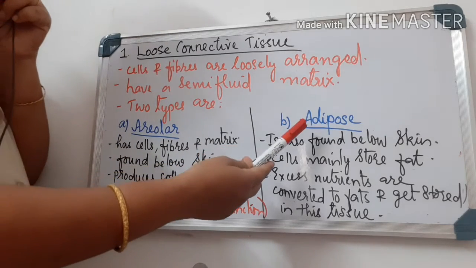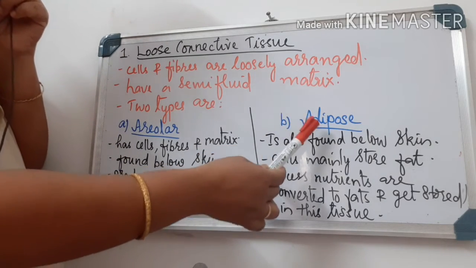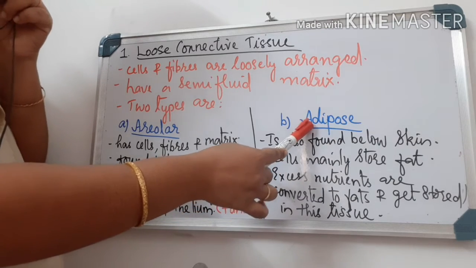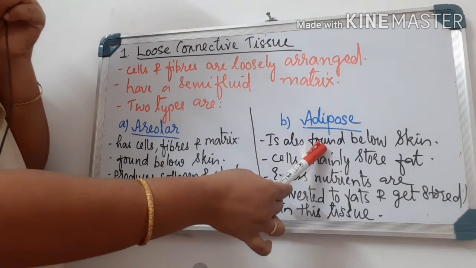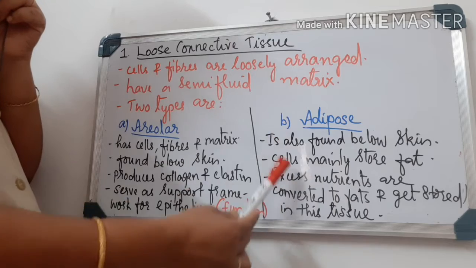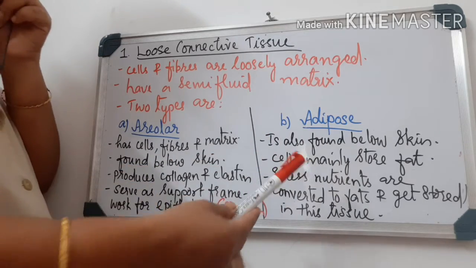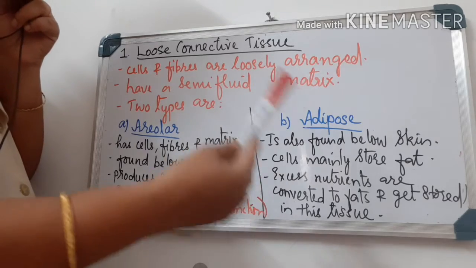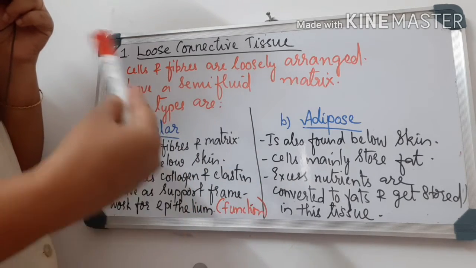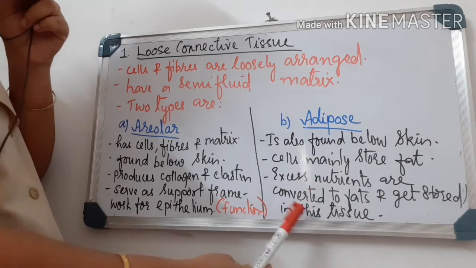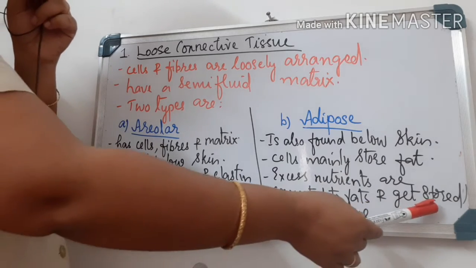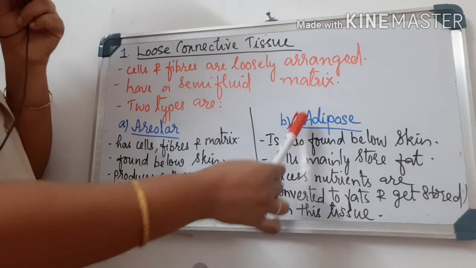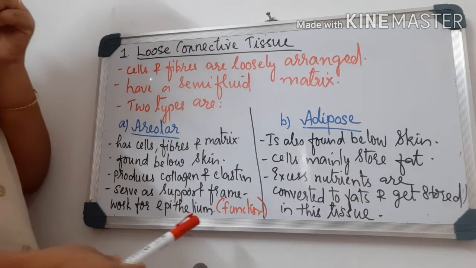Now coming to the second loose connective tissue, which is known as the adipose. It is also found below the skin, and the cells of the adipose connective tissue mainly store fat. Whatever nutrients we take, the excess will be converted into fats and stored under the skin in the form of this adipose connective tissue.